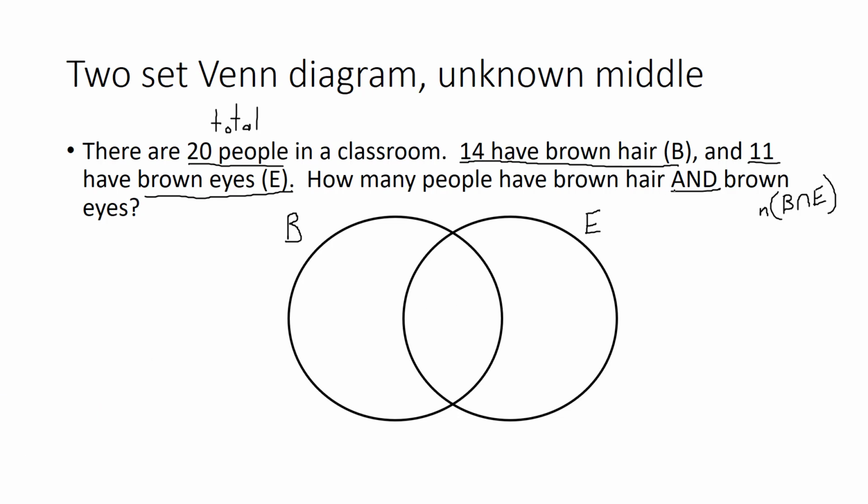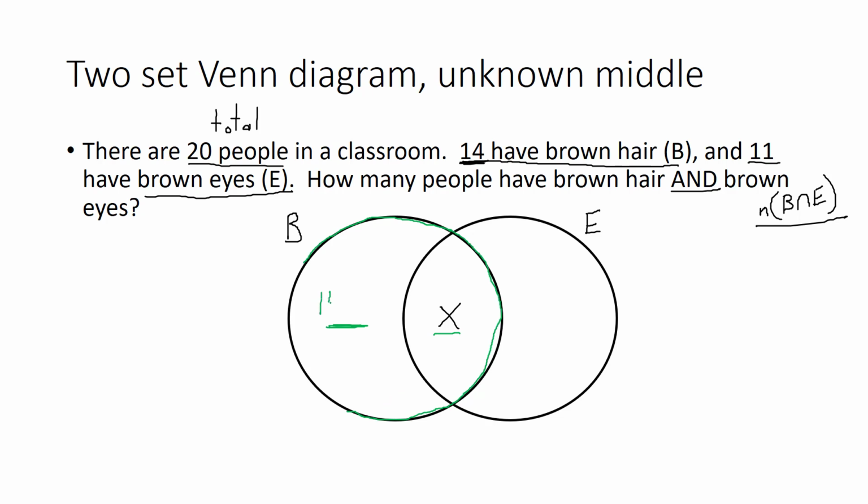We're looking for the union, which is in the middle here. That's our x value. Now this 14 right here isn't just for this sector. It's for this sector and this sector. It's for everything that is in this circle.